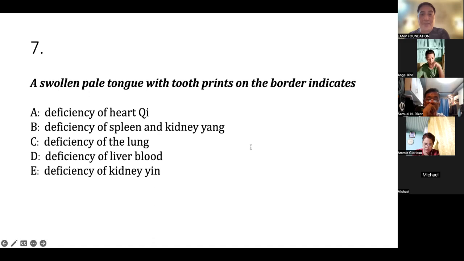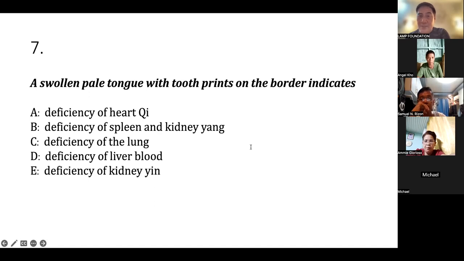So, ibig sabihin, there is already an impact on the function of the heart. Actually, parang okay pa rin yung itsura ng tongue, but it's a bit pale. Then after that, pag hindi mo inayos yung heart qi deficiency niya, hindi mo sinunod yung mga points, hindi mo change yung kanyang diet, hindi mo siya binigyan ng advice, you will now progress to what? Heart yang deficiency. Di ba?